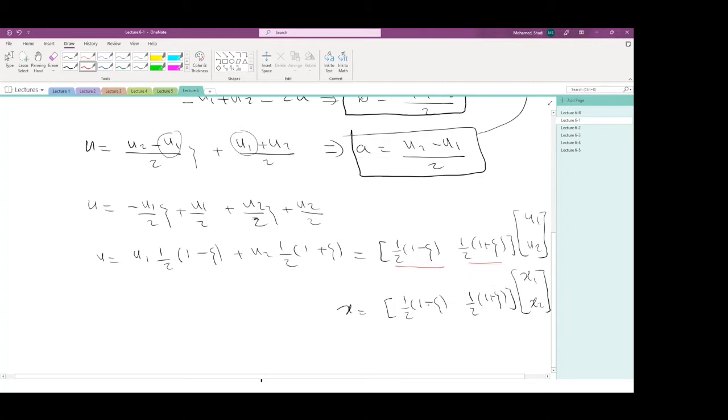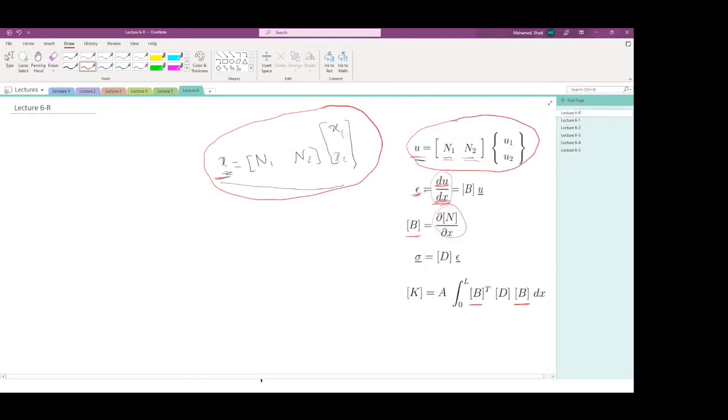However, there is some relation between x and xi. So the relation is this one. Okay, so we have a relation between x and xi, and we have a relation between u and xi. We want to find the relation between this whole thing so that we can find the strain as a derivative of the displacement.